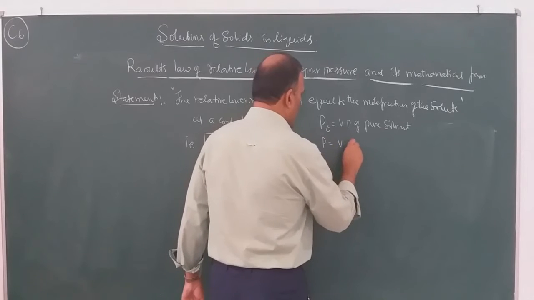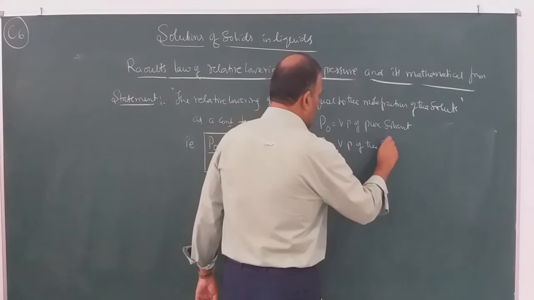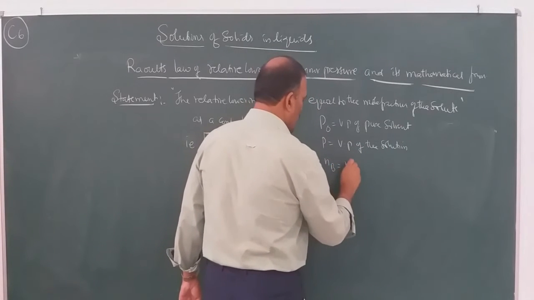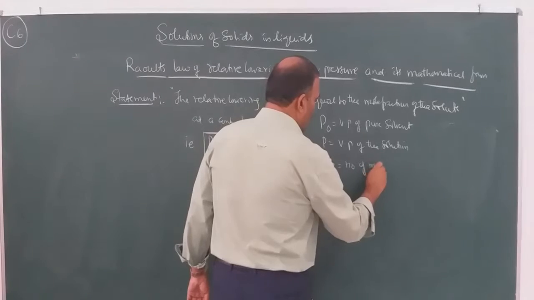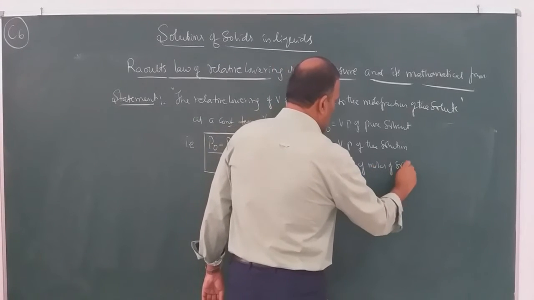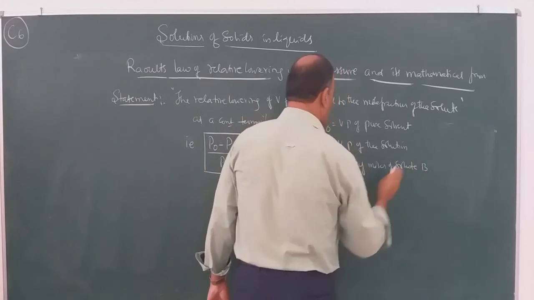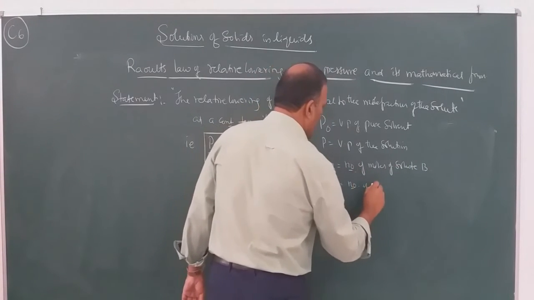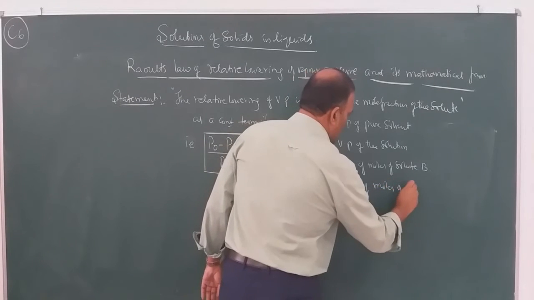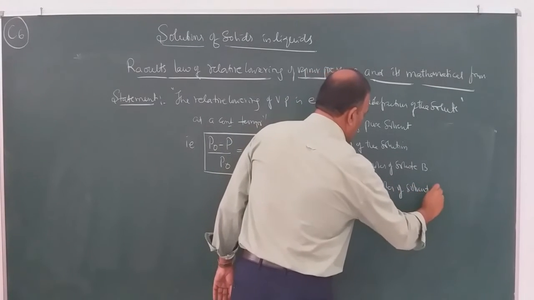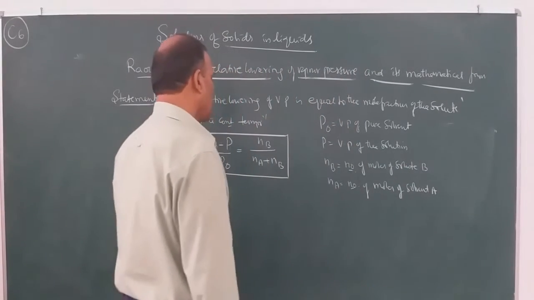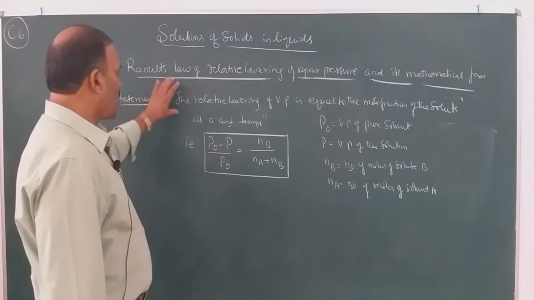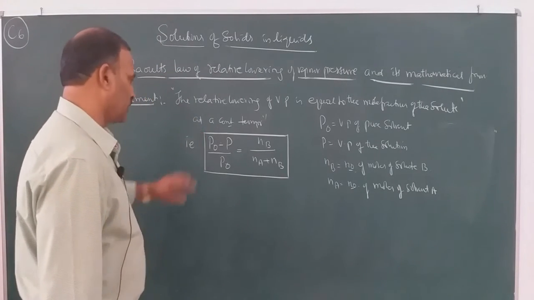P is equal to vapor pressure of the solution, and Nb is equal to number of moles of solute B, and Na equals number of moles of solvent A. So this is the statement of Raoult's law and its mathematical form.